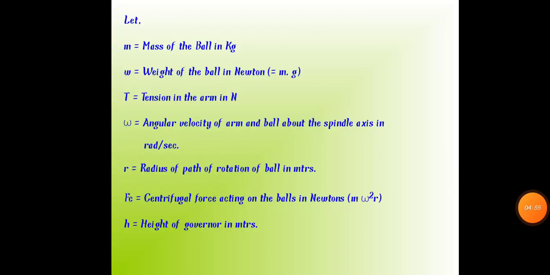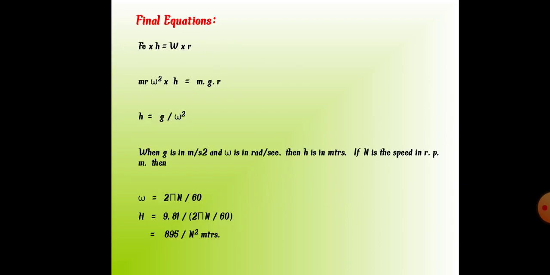We have taken mass, weight, tension, angular velocity, radius, centrifugal force and height. We are considering the ball in equilibrium condition. Then at equilibrium, centrifugal force into height is equal to weight of the ball into r.